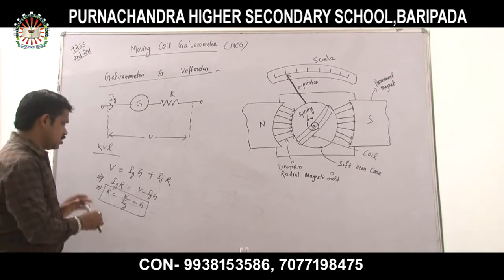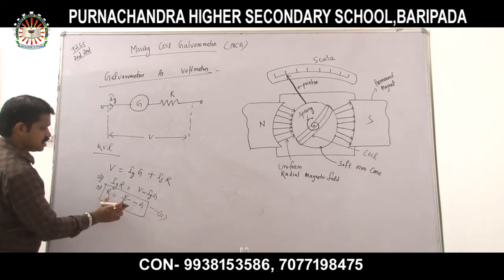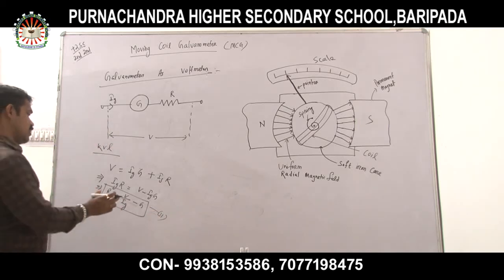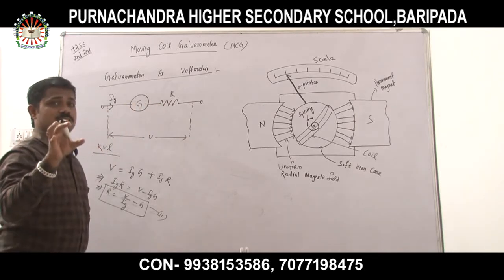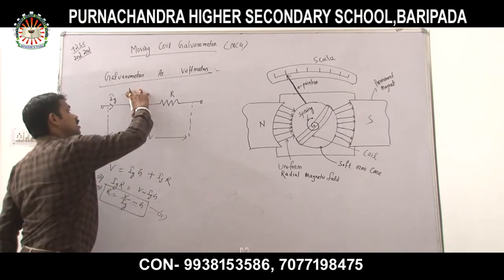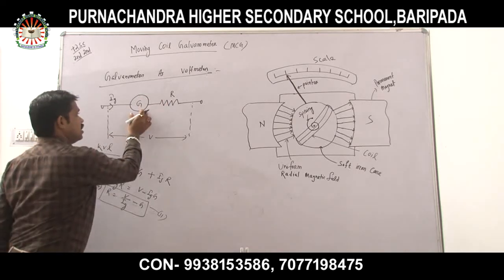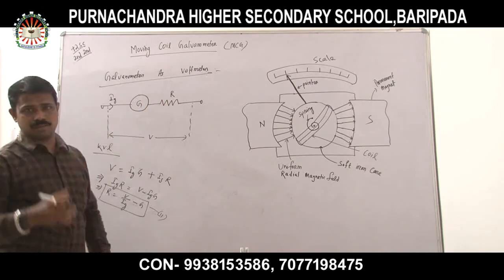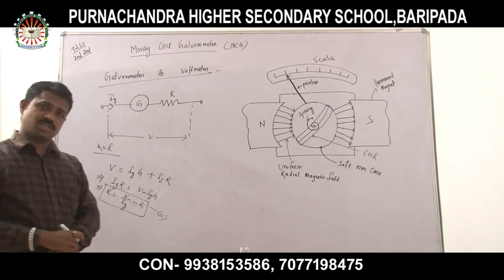All clear? Suppose this is equation number 2. From equation number 2 we get the value of the resistance we have to connect in series with the galvanometer so that it is used as a voltmeter. From the formula I can get the value of the resistance.